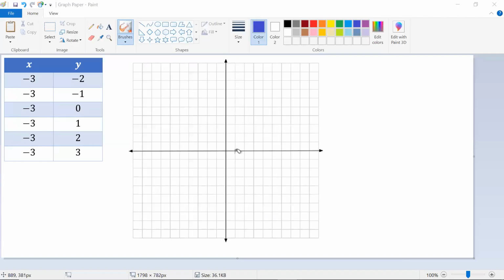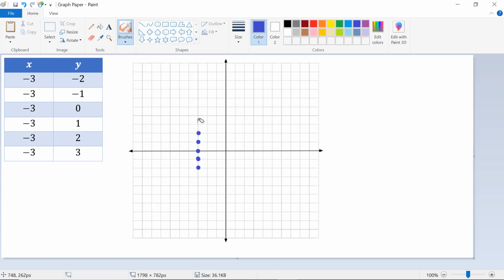Go to our graph paper, -3, -2 gives me this point, -3, -1 gives me this point, -3, 0 gives me this point, -3, 1, -3, 2, -3, 3. We get the picture.